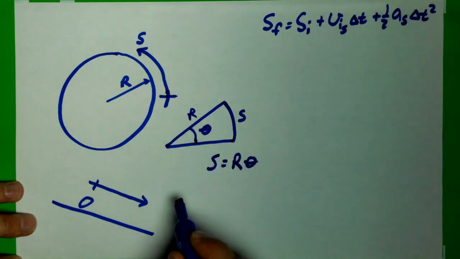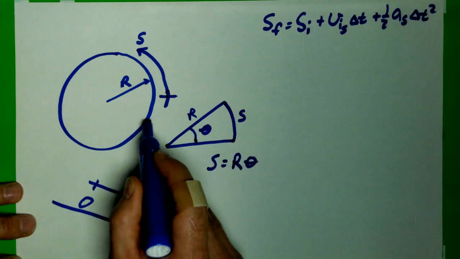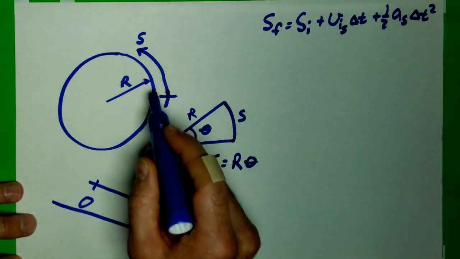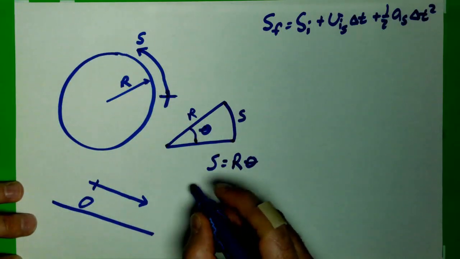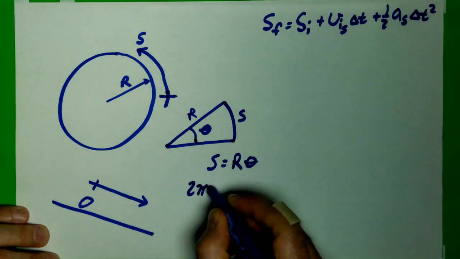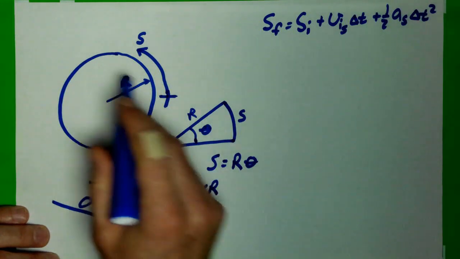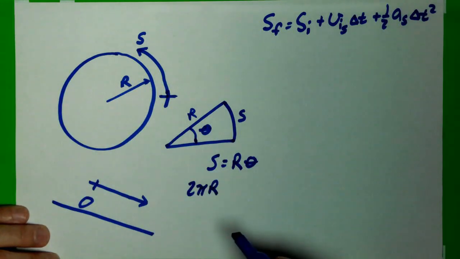Just to see where this came from: what is the arc length of a full circle? That's 2 pi times r. The circumference of a circle is 2 pi r.